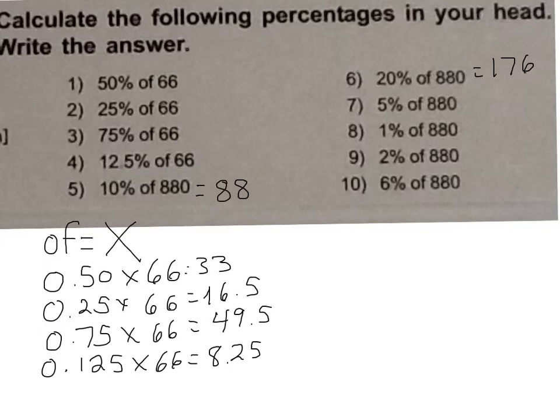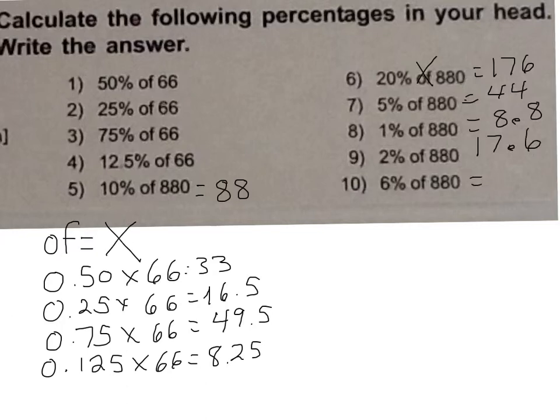Remember, if you can't do this in your head, change that to a times sign and just figure it out the other way. But most of these I can do in my head. 5% of 880, I don't know that off the top of my head, but I know that 10% is 88. 5% is half of 10%, so this is going to be 44. 1%, that means I'm moving the decimal over 2 places, is 8.8. 2% is going to be double that, that's 17.6.